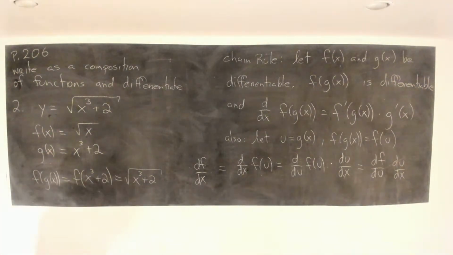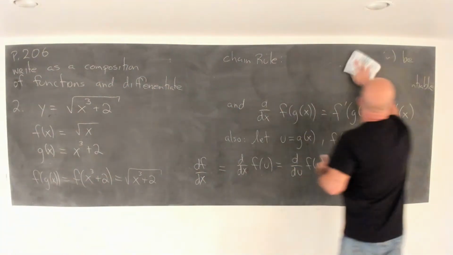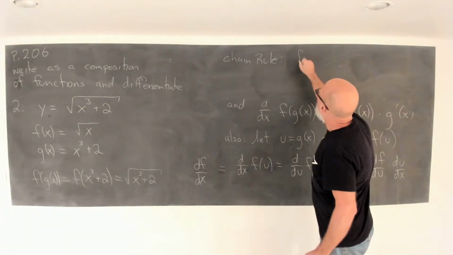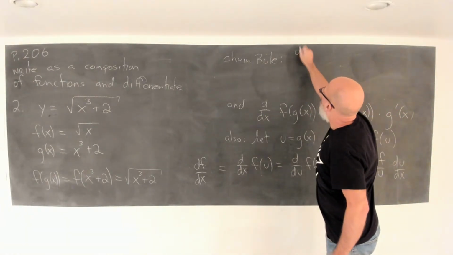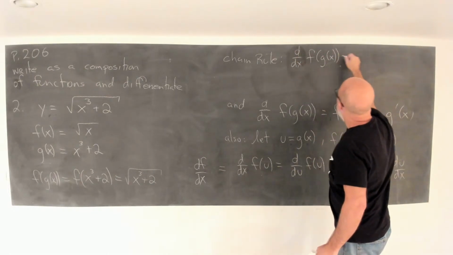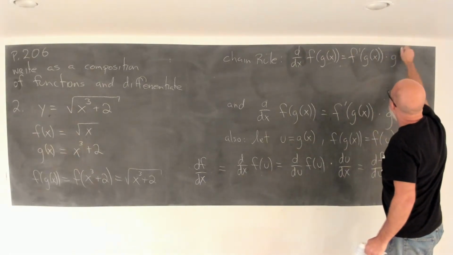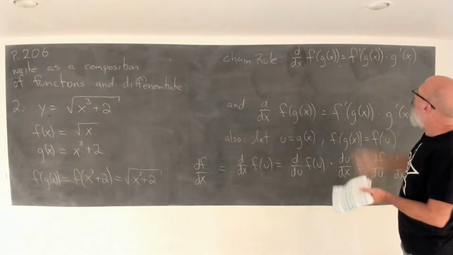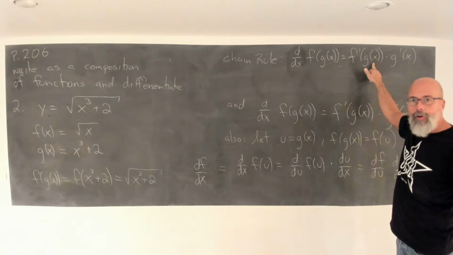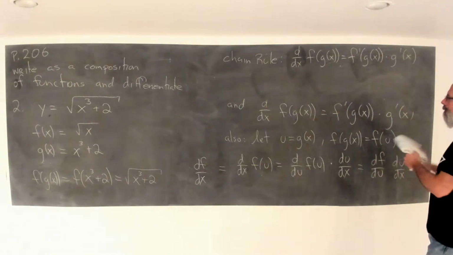And now, if you apply the chain rule, dy dx of the composition is f prime of g times g prime of x. In other words, you differentiate the outer function, leaving the inner function fixed, times the derivative of the inside.